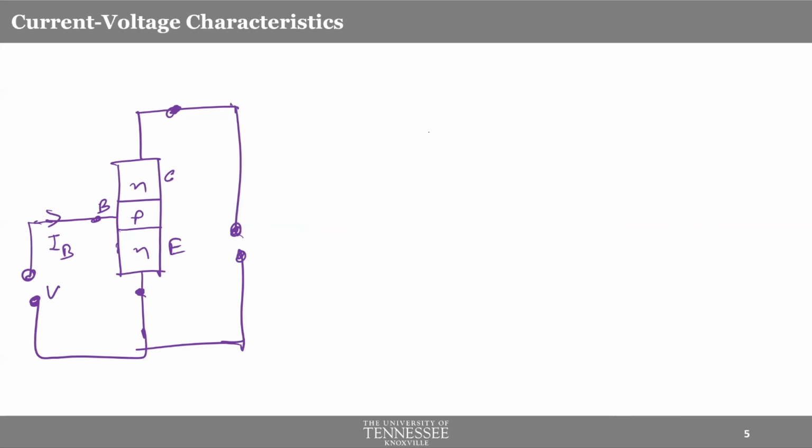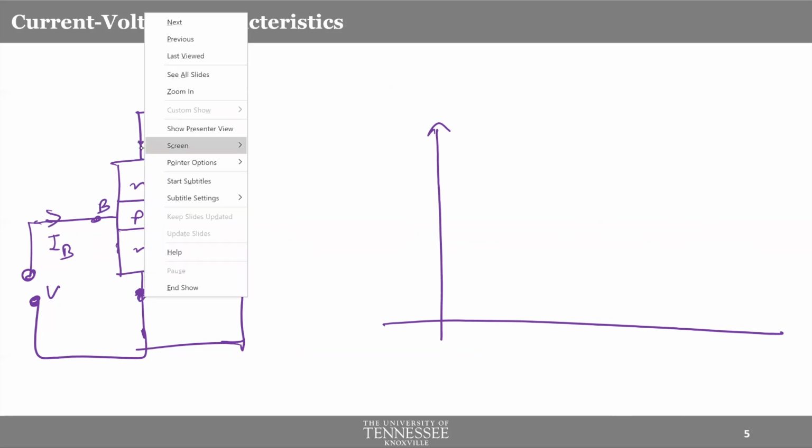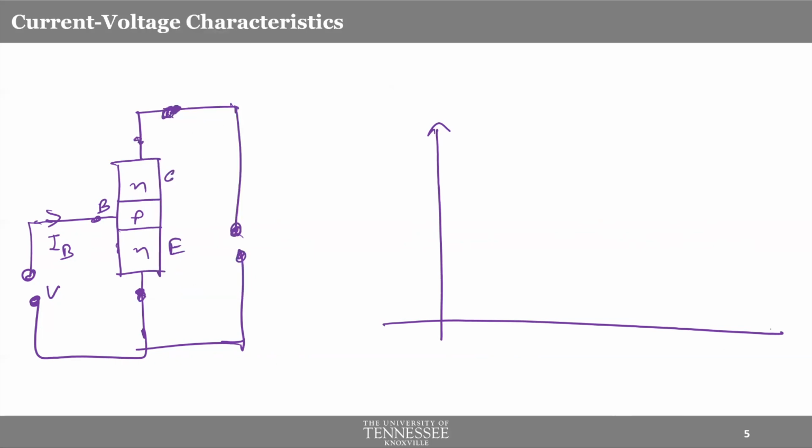Now let me ask you, what is the output voltage here? The output circuit will see the collector and emitter. Emitter is common between input and output, by the way. So the output voltage will be VCE. That's the variable that we could control.